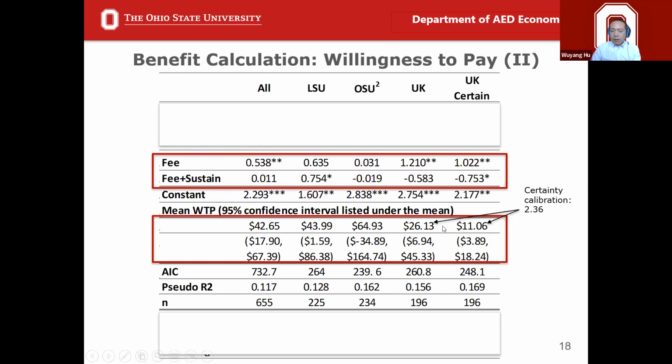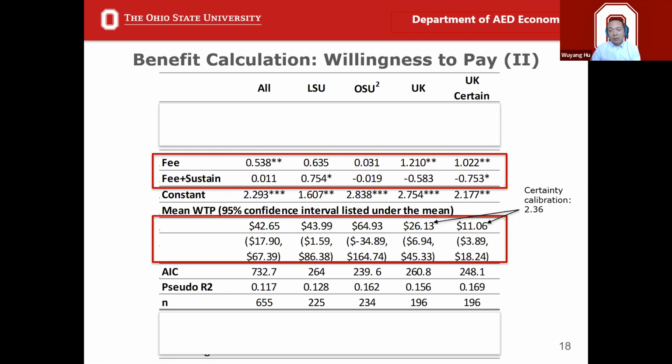Same idea. From the Kentucky example, we calculate the certainty calibration factor, which is about 2.4. Quickly reminding folks, what is the certainty calibration? We simply ask people to say yes or no here to derive this $26 value. But we also ask people, are you sure about your yes decision?